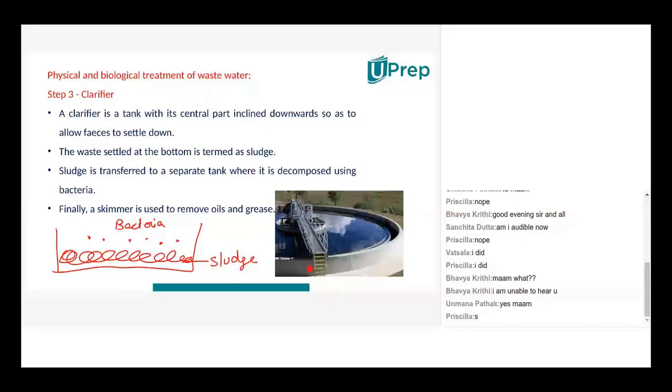What the bacteria actually does is decompose these materials, because they are mostly organic materials and need to be further broken down into small pieces. So the bacteria helps to decompose this material and break it down into smaller substances. This is what the bacteria does, right?